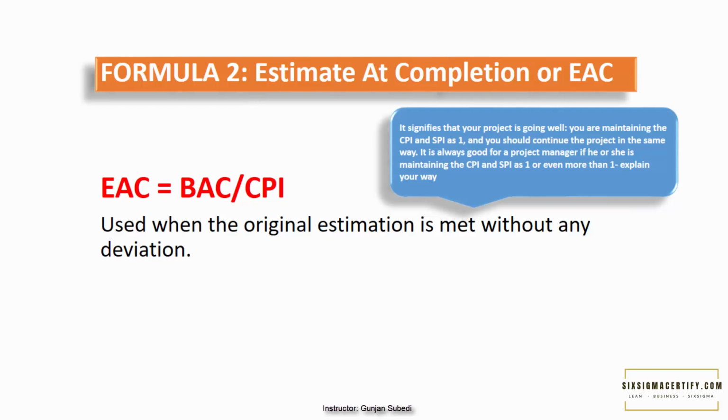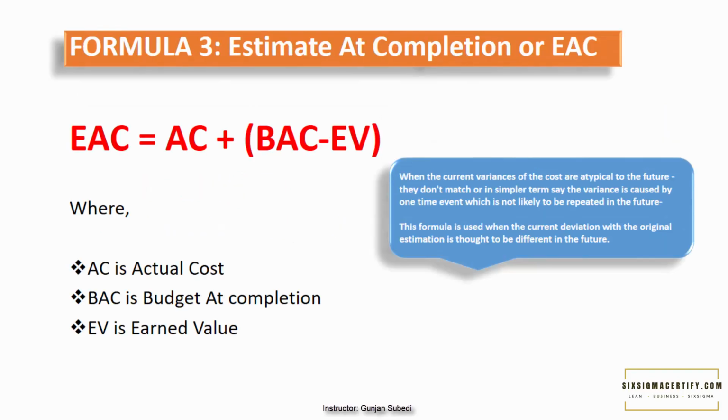Let's see the third formula for estimate at completion or EAC. EAC equals AC plus BAC minus EV, where AC is the actual cost, BAC is budget at completion, EV is the earned value. When the current variances of the cost are atypical to the future, or say when they don't match, or in simpler terms, say the variance is caused by one-time event which is not likely to be repeated in the future, we use this formula.